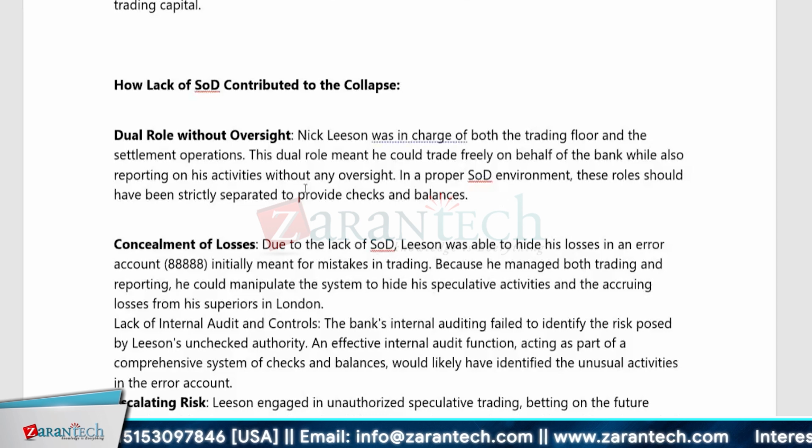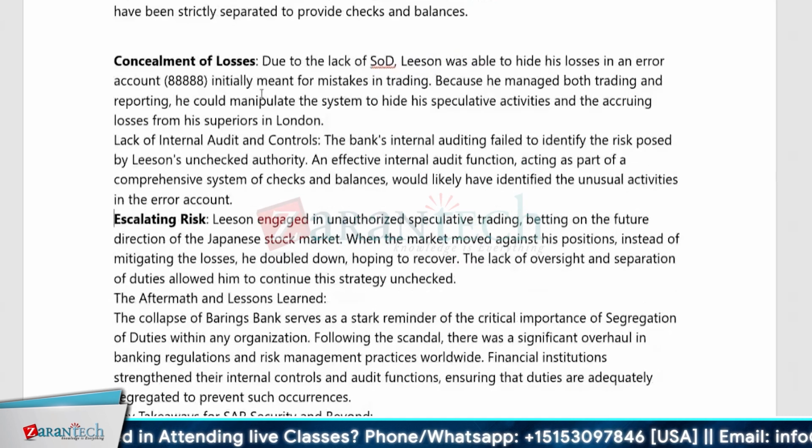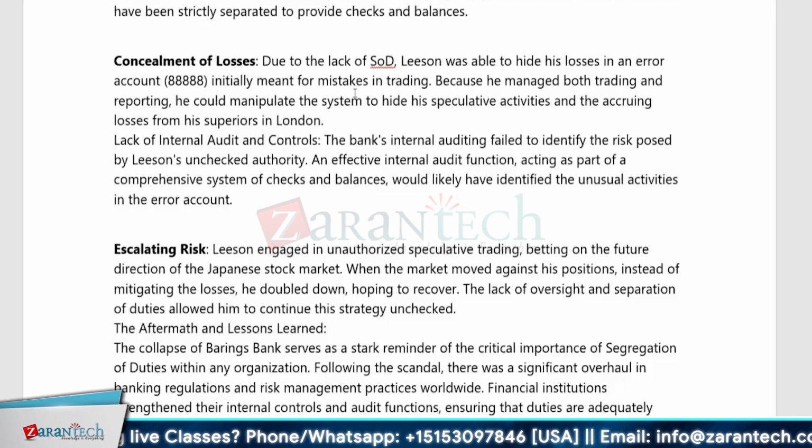He was doing both roles without any third person evaluating his activities, and this was one of the major things he took advantage of. If there had been a proper SOD environment, these roles would have been strictly separated, and they could have avoided the collapse of the bank and the entire losses which they incurred. Again, these are some of the things which refer to SOD.